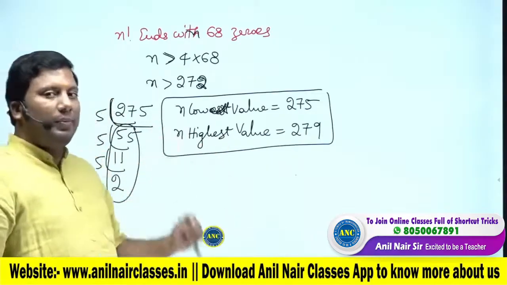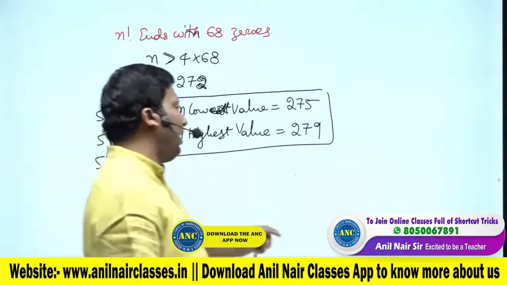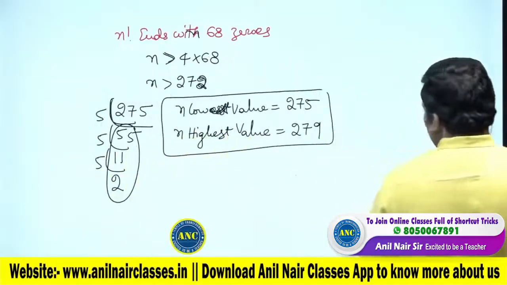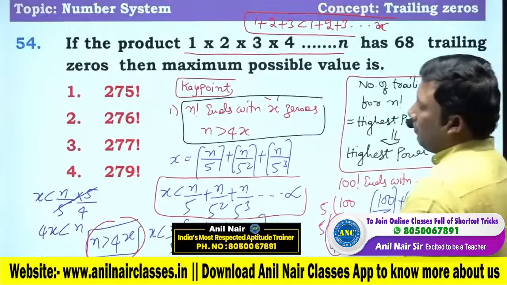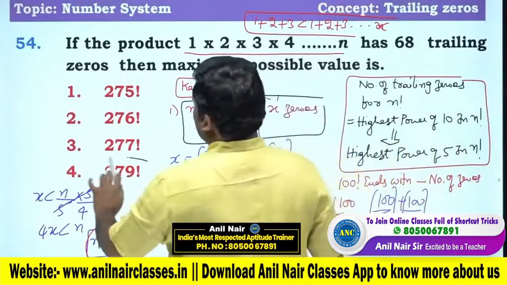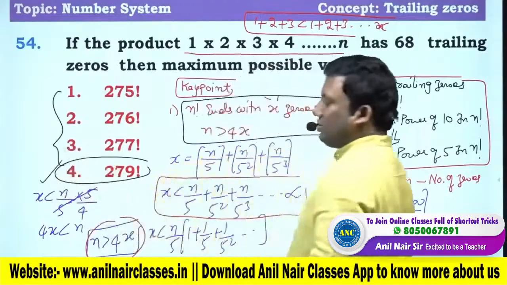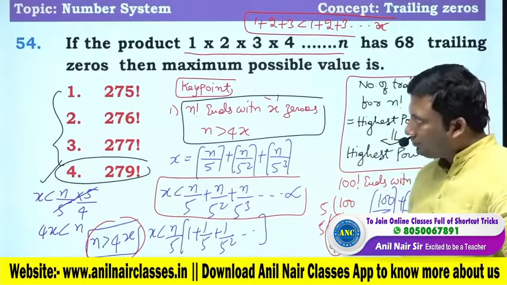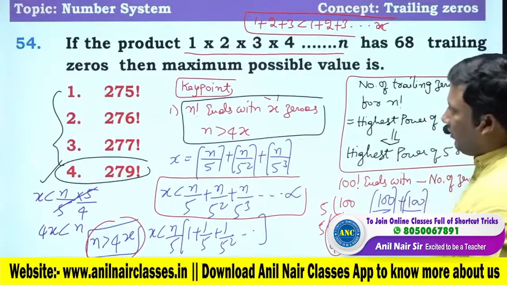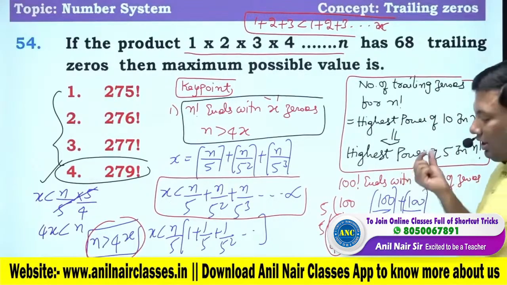Lowest value will be 275, highest value will be 279. So the maximum value it can take is 279. All these are possible. Very, very important key point.